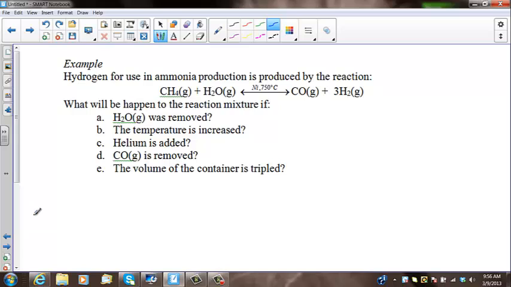So what that means is that our heat is being produced. So if H2O is removed, we know it will shift left, and it's going to favor the reverse reaction.